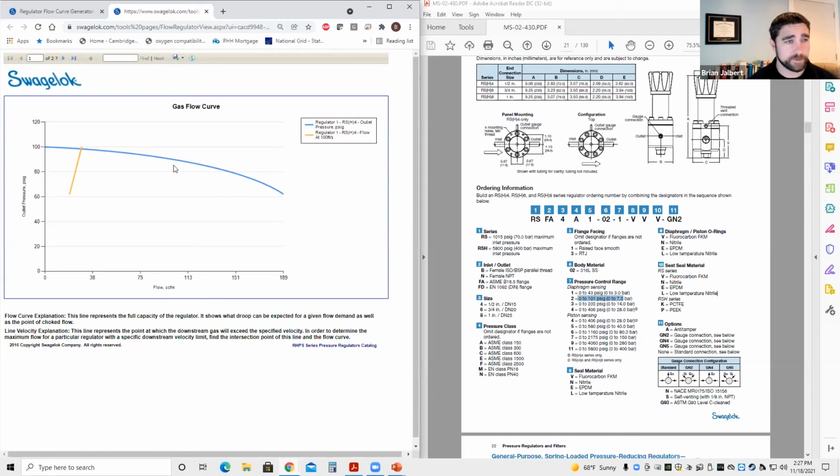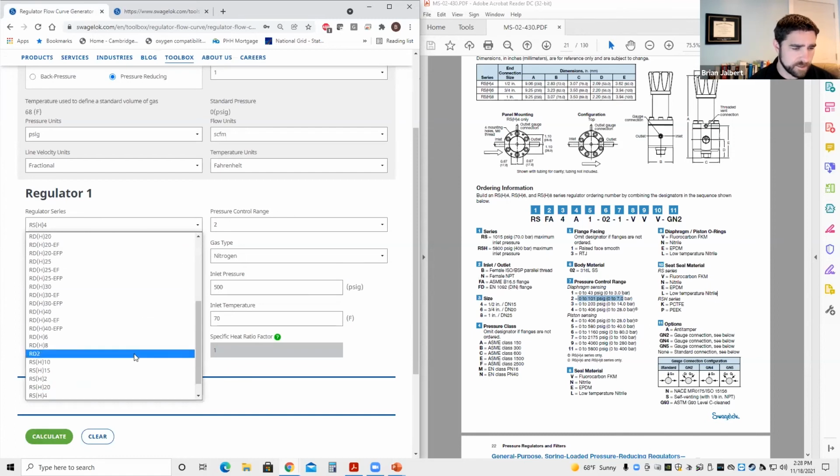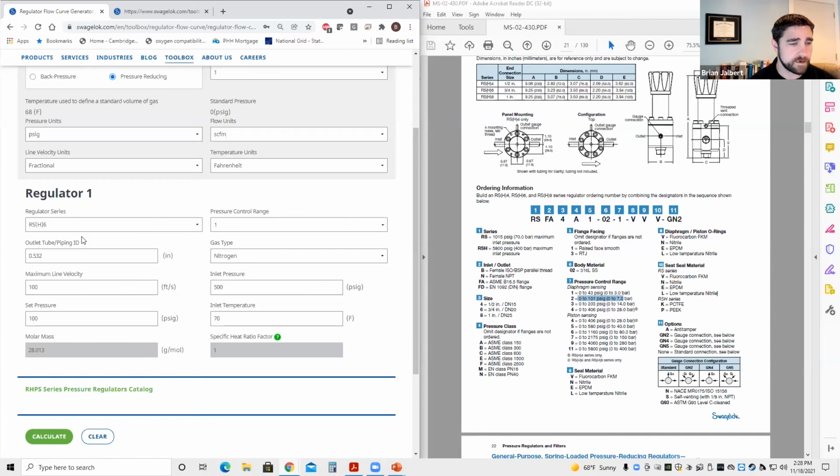And I'm going to show you another example of how you can play around with these, just by selecting the regulator. So I'll drop an RS6 regulator into here, for example. That is a 3/4 regulator. The tool automatically changes the outlet tubing to match the worst case scenario for that regulator. So in the case of an RS6, that is a 3/4 regulator. This is the approximate ID of 3/4 schedule 120 piping.